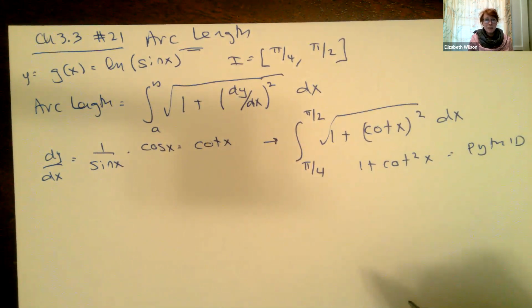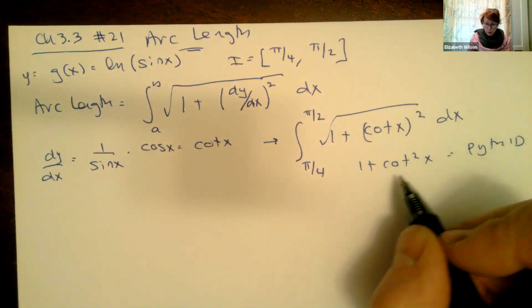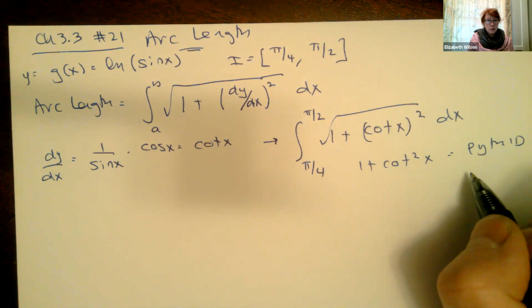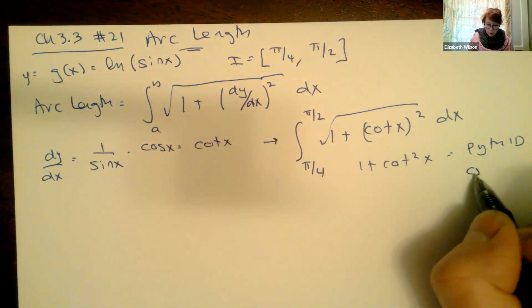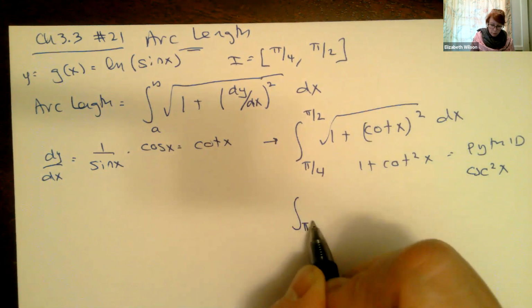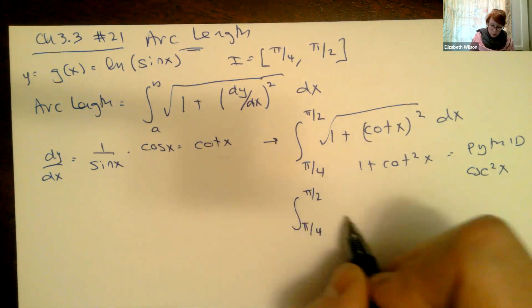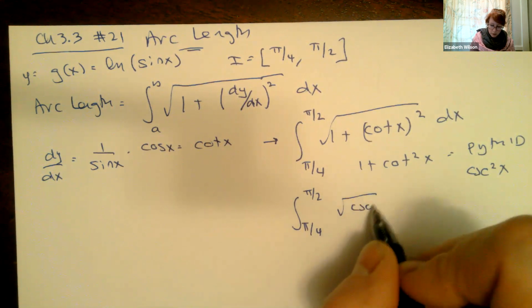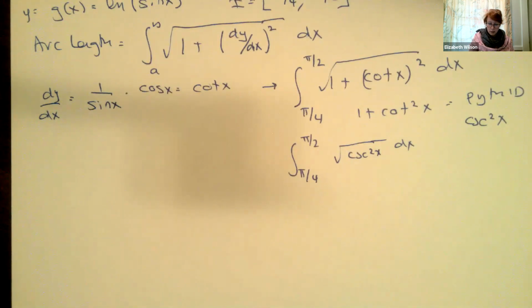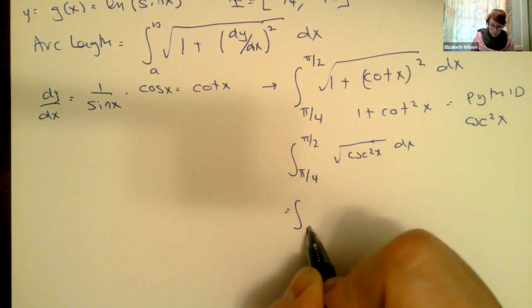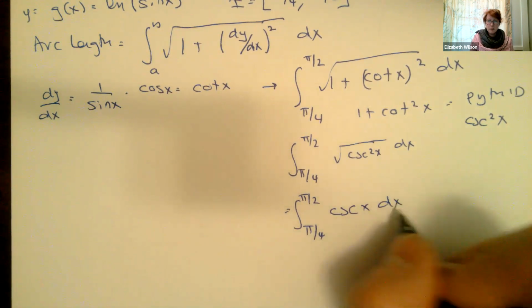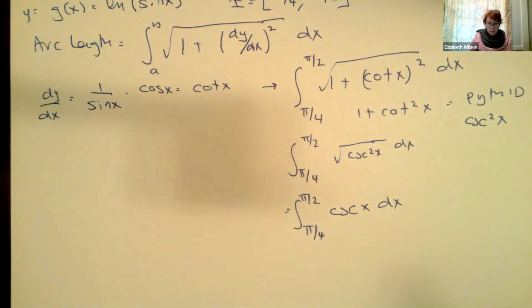If I divide everything by sine squared, then I get 1 plus cotangent squared equals 1 over sine squared, which is cosecant squared of x. So I can just substitute that in here. This becomes cosecant squared of x, which, because it's squared inside of a square root, is really cosecant of x dx.